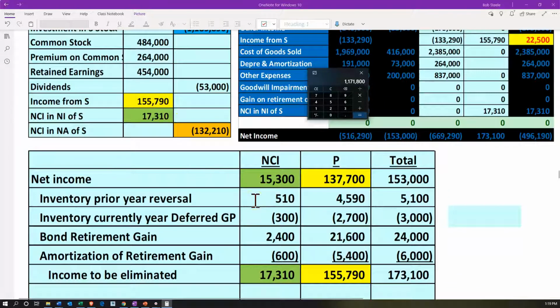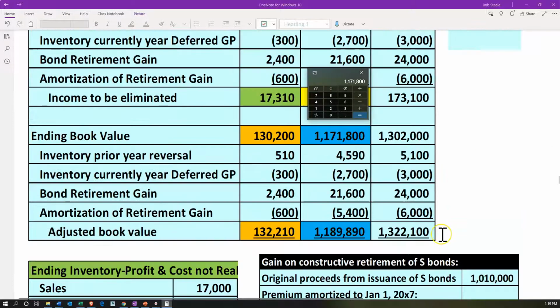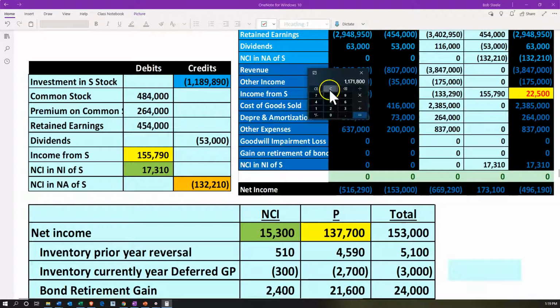So notice we had the beginning equity that we adjusted to basically this number, the 132,210, which of course is kind of like the middle numbers now: 484,000 plus the 264,000 plus the 454,000 plus the 155,790 plus the 17,310 minus 53,000.